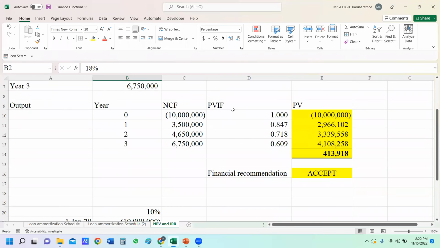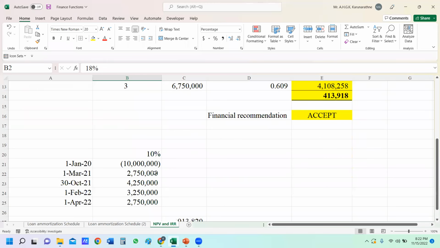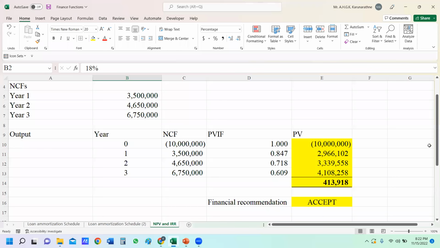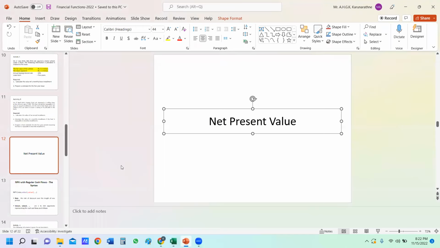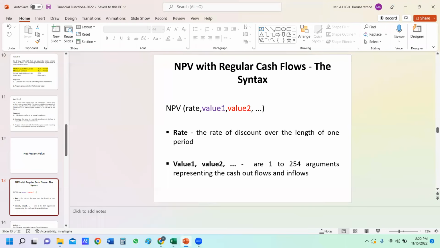Okay, for the same project, we'll compute using the Excel NPV formula. Let's have a look at the PowerPoint slides. Net present value calculation with the finance function.